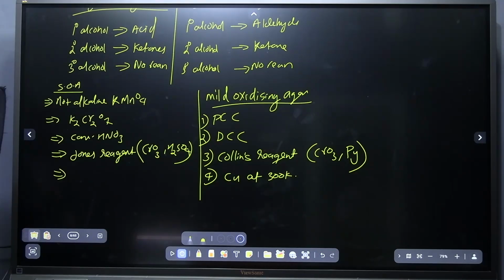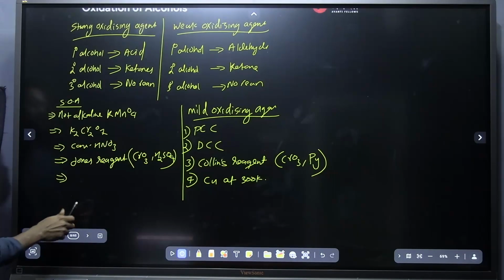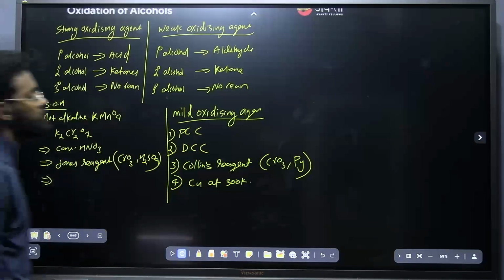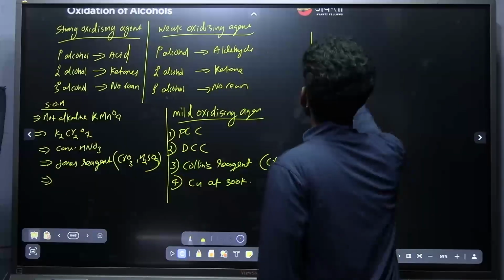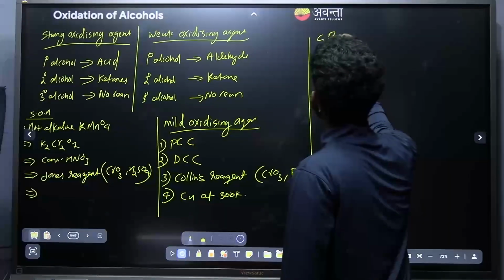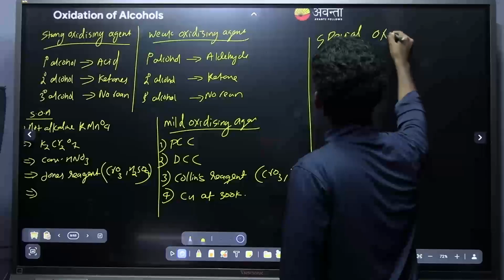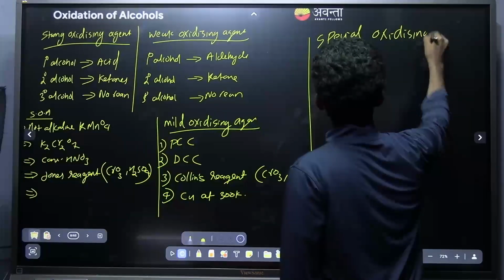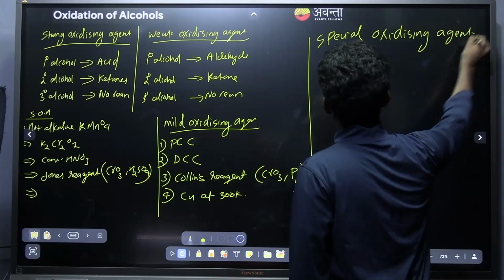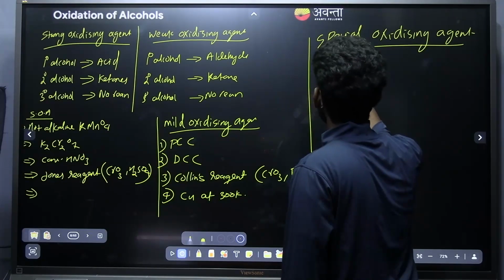Now apart from this, I want to introduce some special oxidizing agents. Which are some special oxidizing agents? First one is MnO2.